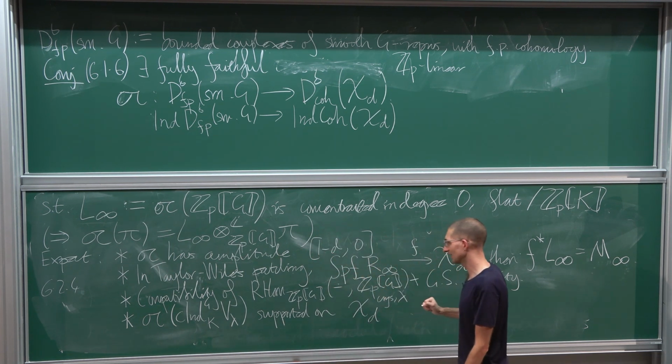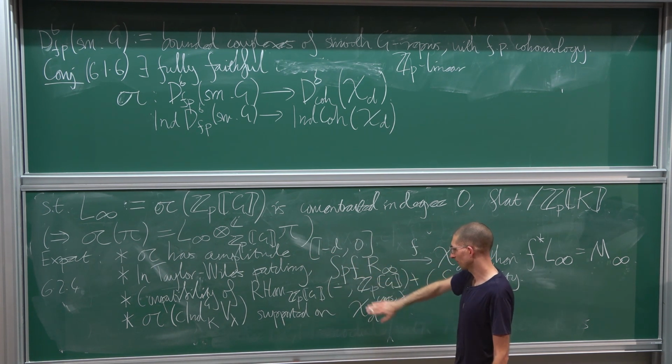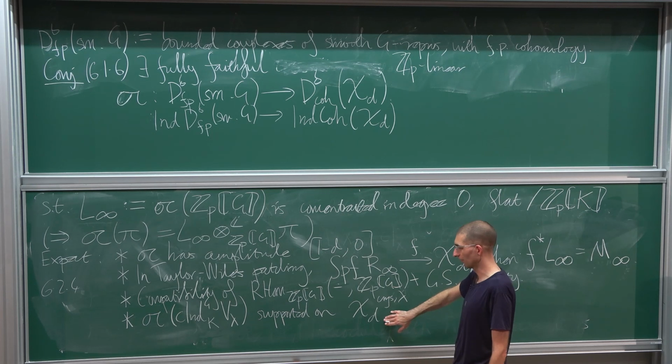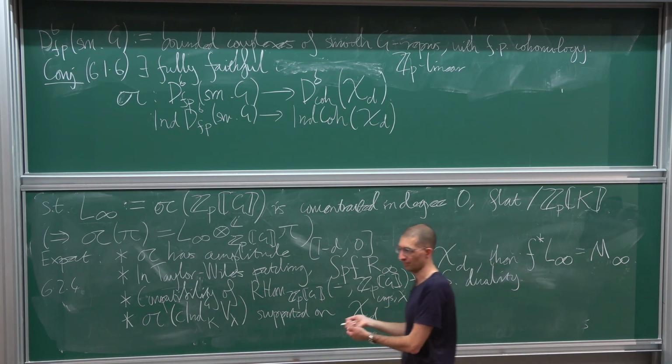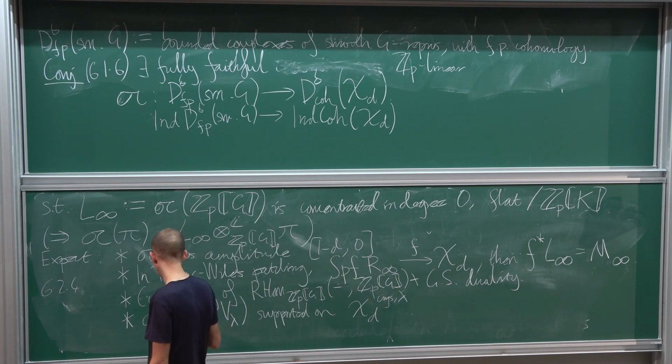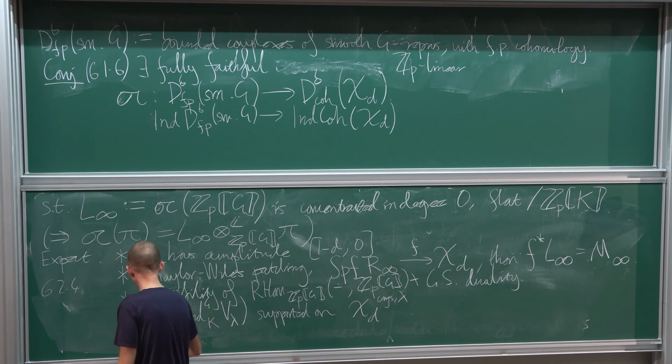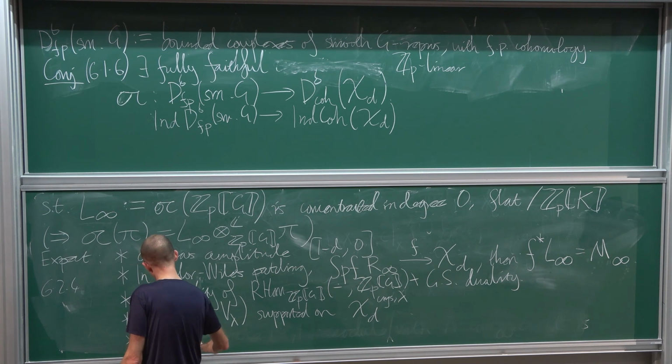The other thing I wanted to say is that this duality combined with this, you can use to show that these sheaves actually have to be maximal Cohen-Macaulay, which is the kind of thing that comes out from the patching method. There's also supposed to be some compatibility with parabolic induction.